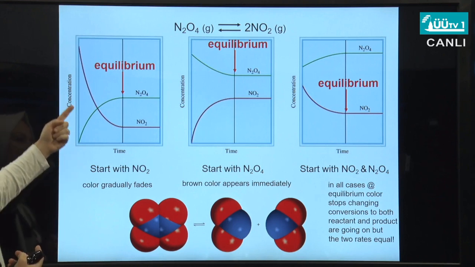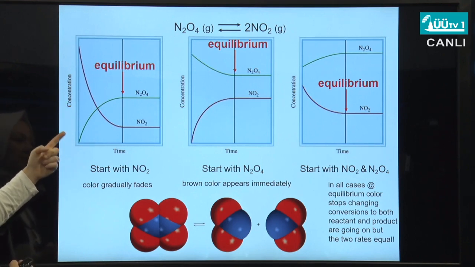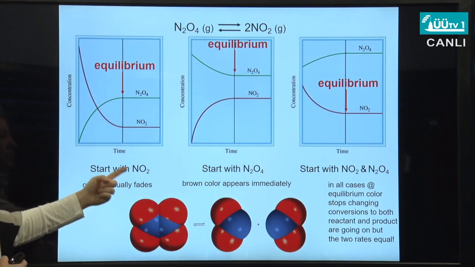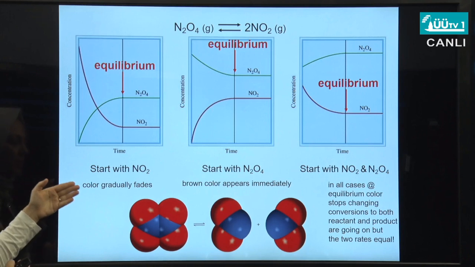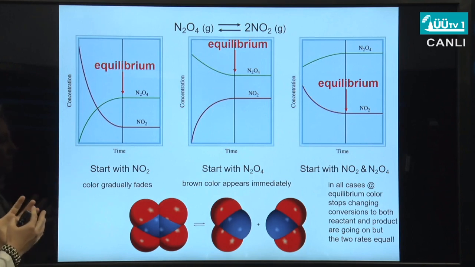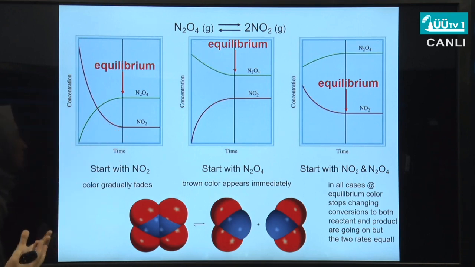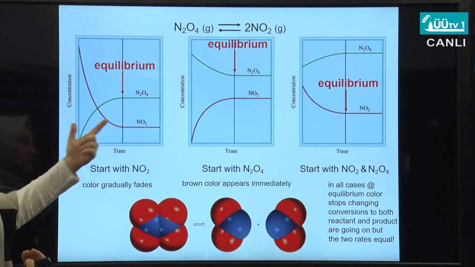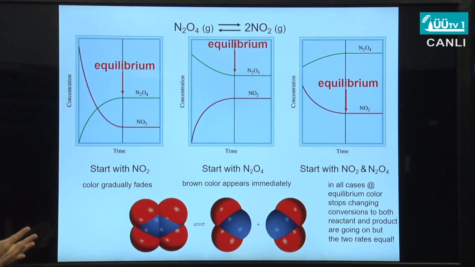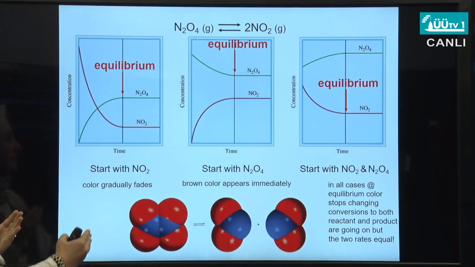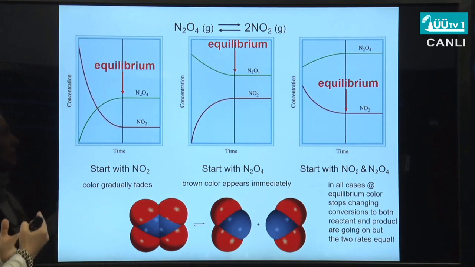For instance, in this case, when you start with nitrogen dioxide only, which has a brown color, as the reaction proceeds, you are going to see that the color gradually fades because nitrogen dioxide is being consumed. On the other hand, in the second part, if you start with dinitrogen tetroxide, you are going to see that as more nitrogen dioxide molecules are being formed, brown color will appear.